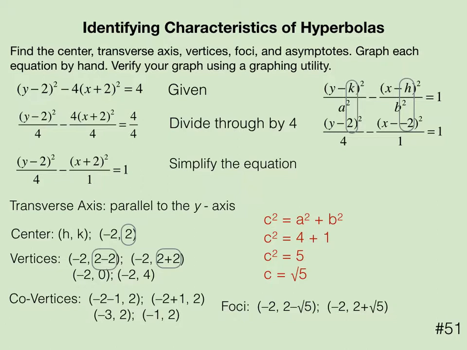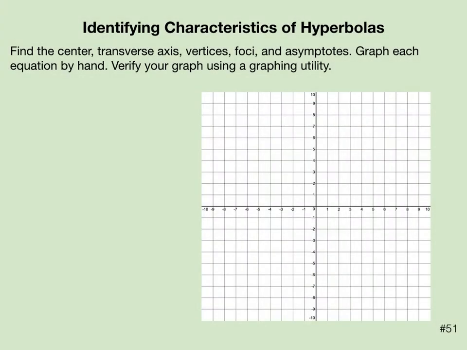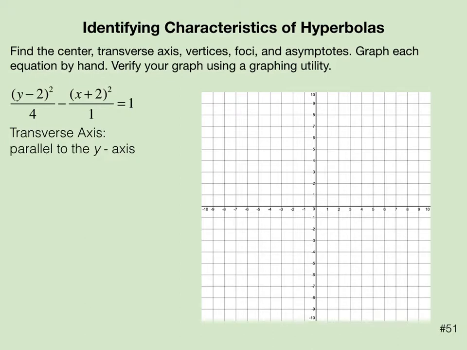So now let's take all this information and graph the hyperbola, whose equation is rewritten this way. Remembering the transverse axis, it's parallel to the y-axis. The center is at (negative 2, 2). The vertices we said on the previous slide were (negative 2, 0) and (negative 2, 4).